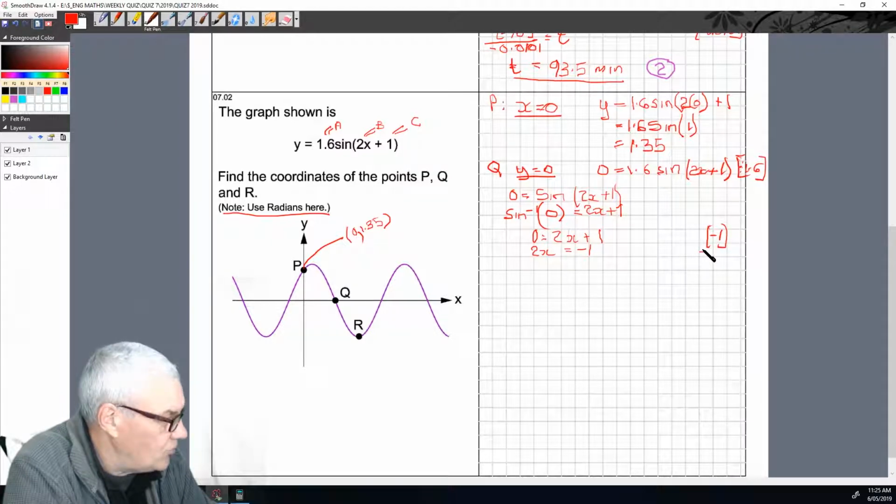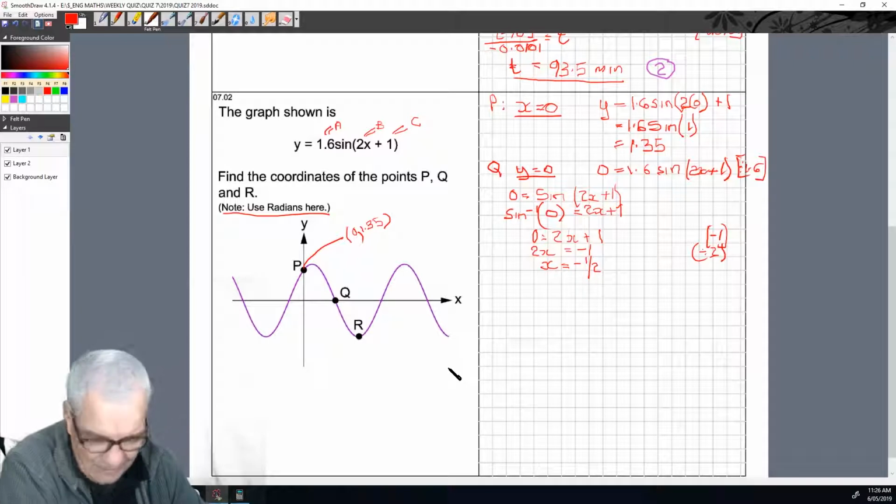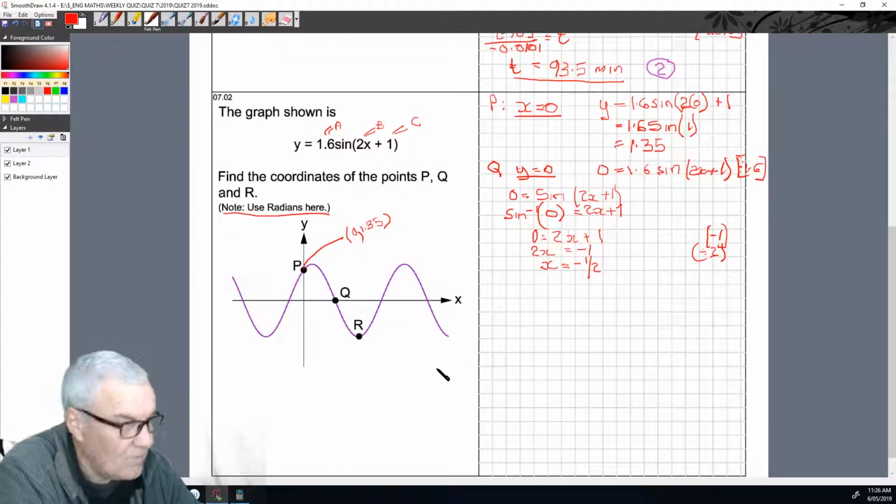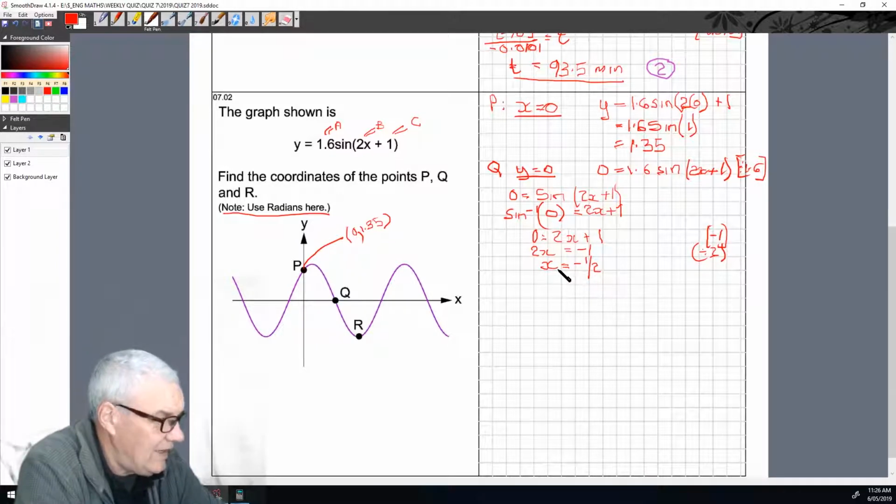Divide through by 2, and we get x equals -0.5. Now that's -0.5.